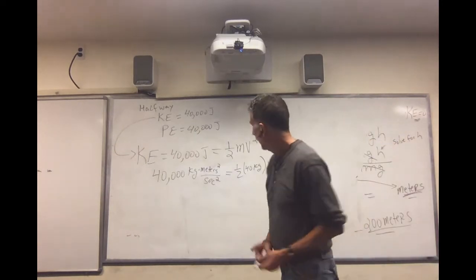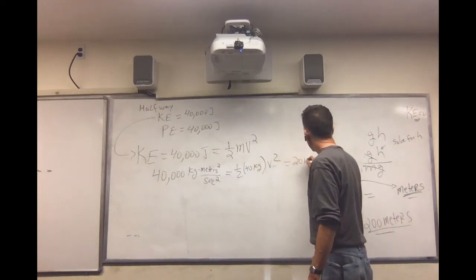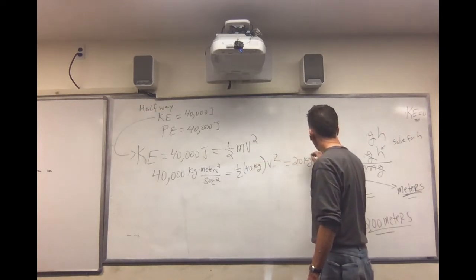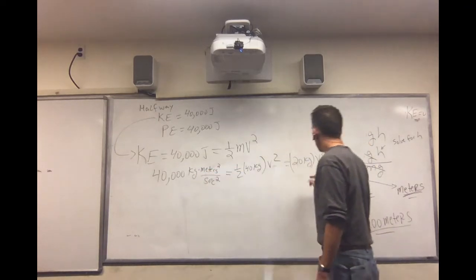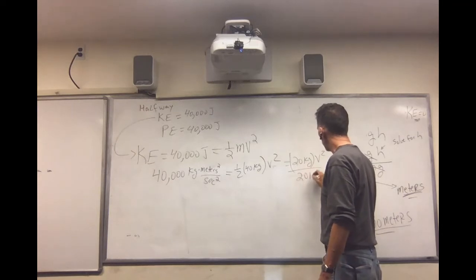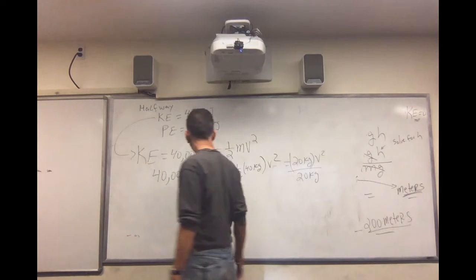Let's look. Half of 40, I can do that. This is 20 kilograms times V squared. Look, kilogram on each side. All right, let's divide both sides by 20 kilograms, shall we? This way, we get V squared all by itself.